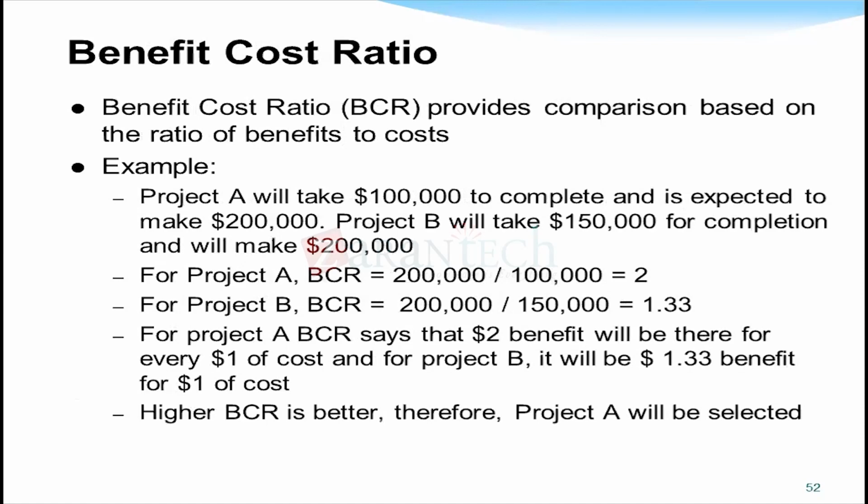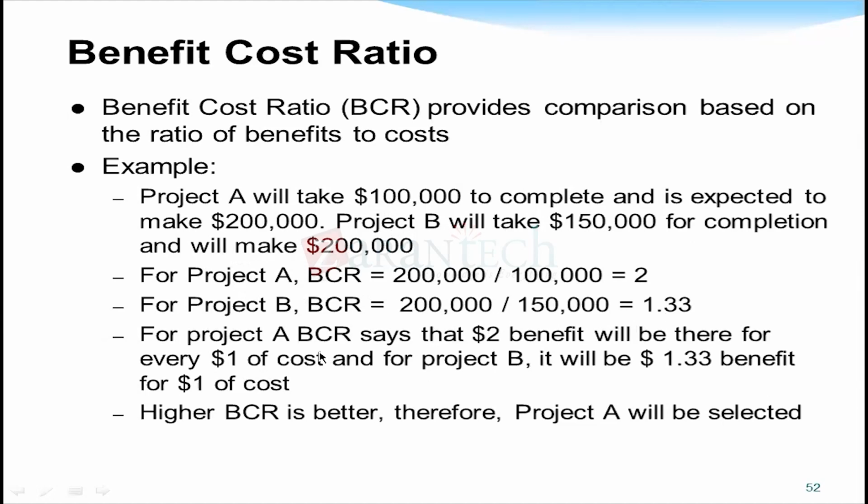Benefit cost ratio, provide comparison based on the ratio of benefit to cost. If project A, he'll take 1 lakh to complete a project and is expected to make 2 lakh. Where project B is taking 1.5 lakhs for completion and it will make 2 lakhs. Therefore, in project A, it is 2 and project B, it is 1.33.